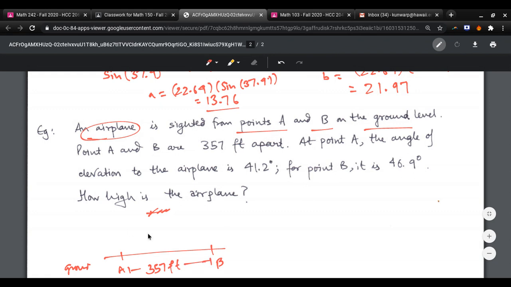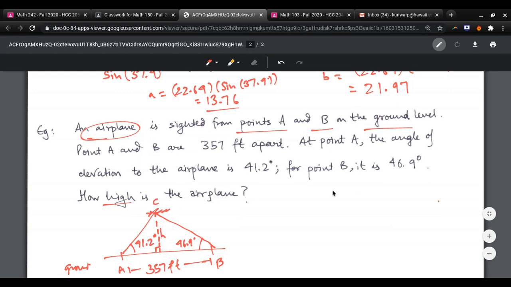At point A, the angle of elevation to the airplane is 41.2. The angle of elevation means it's the angle made by point A with the horizontal. For B, the angle of elevation is 46.9 degrees. And the question is, how high is the airplane? So you're actually finding this height.